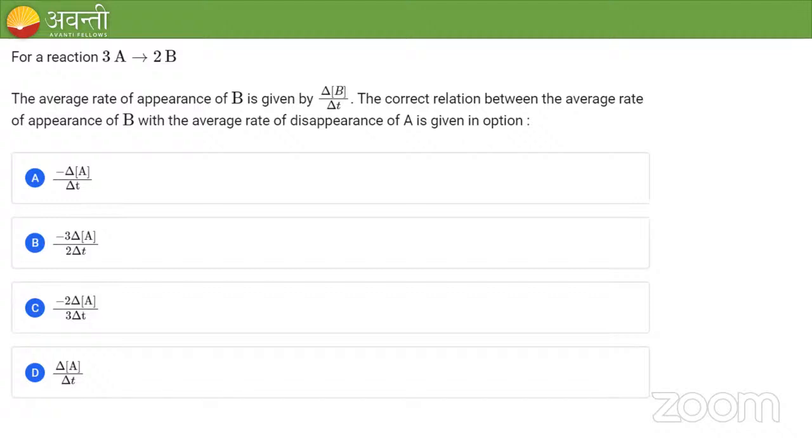We have to find the correct relation between the rate of appearance and the rate of disappearance of A and B. So all of you try to solve this.